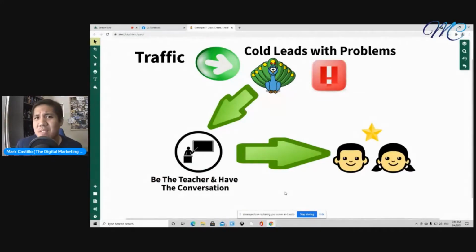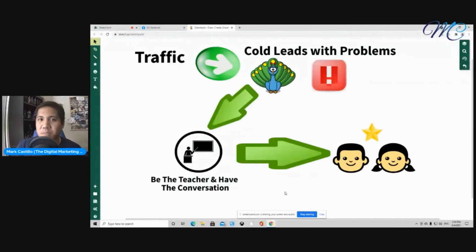What do I mean by this? You want to write emails that are value based. How do you figure that out? You write emails that pertain to your target niche, whatever audience you're speaking to.